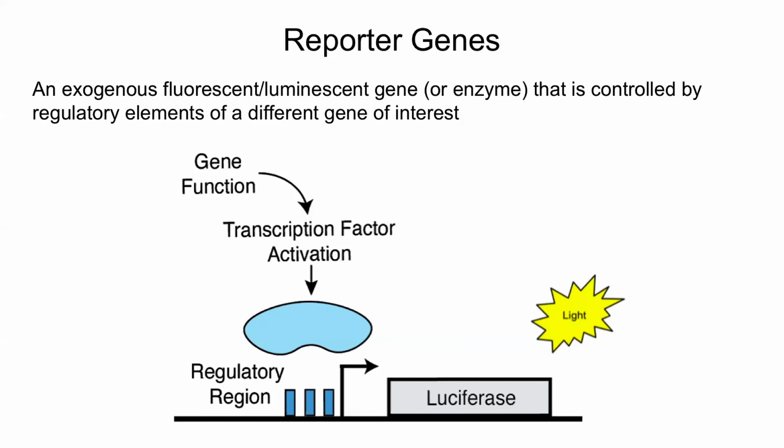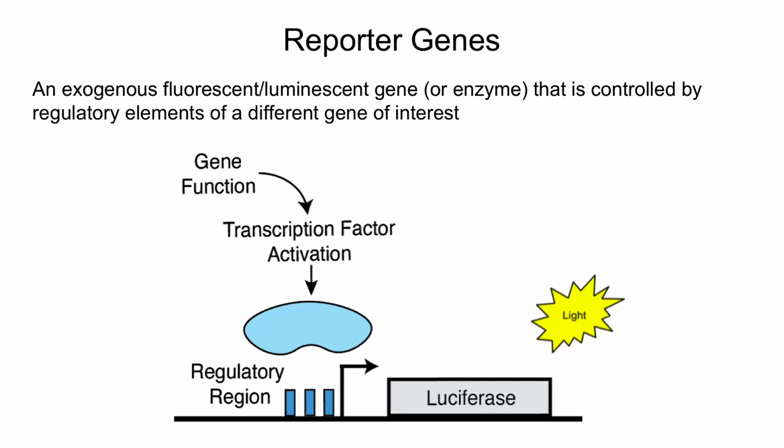So it looks as follows: you have your gene function, and downstream of that function will lead to some sort of transcription factor activation. That transcription factor will bind the regulatory region of interest, and then in the case of this example, lead to luciferase production that you can measure on the plate reader for luminescence.